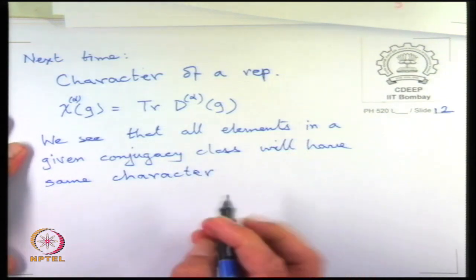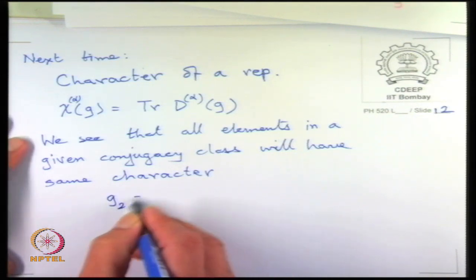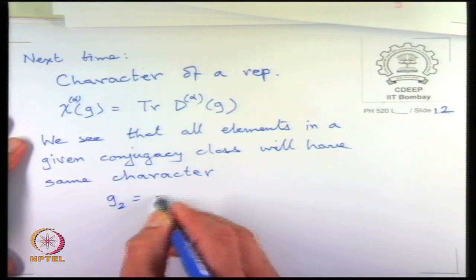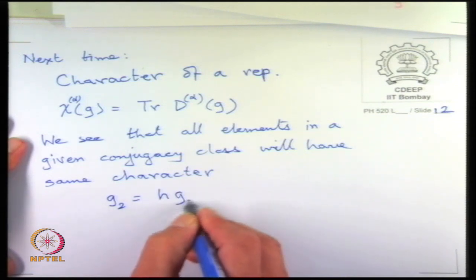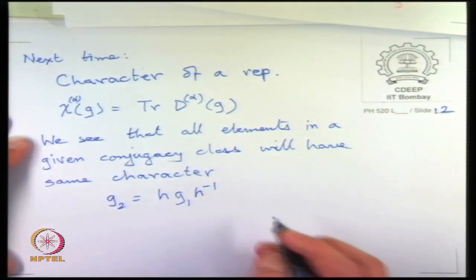This is because the conjugacy relation was that if G2 is equal to some H G1 H inverse, then G1 and G2 are in the same conjugacy class.